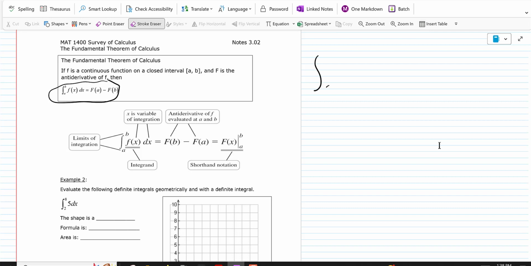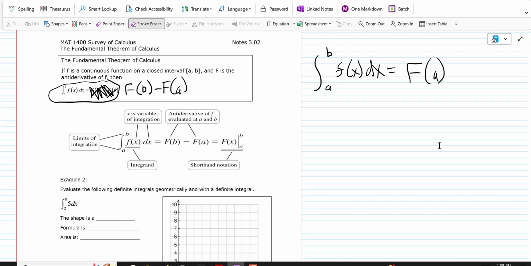If you have an integral from a to b of f of x dx, what you end up doing is you do the antiderivative and subtract these. I did that backwards. Oh my God, that's horrible. Change that, please. That's F of b minus F of a. When I was typing that out today, that was totally wrong.